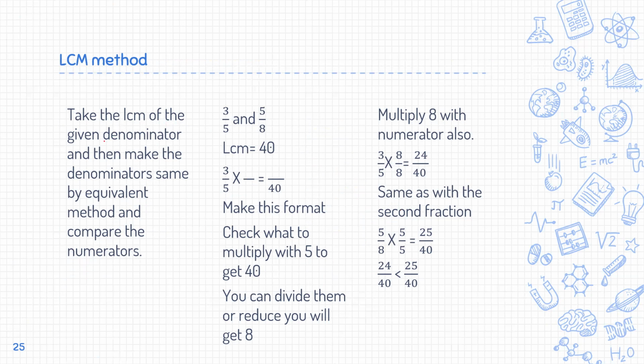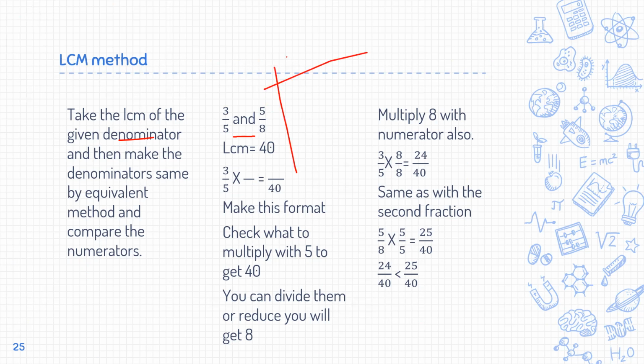So first of all you have to take the LCM of the given denominators. You are given two fractions and there are denominators. You have to take the LCM, and I hope that you all are aware of LCM and you all know how to take LCM, because this video is of class 7th and LCM we are studying from 3rd standard.